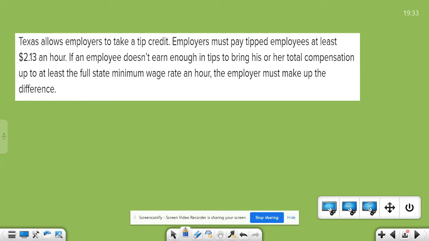Here's why it's important for you to think about whenever you are at a restaurant and you are tipping an employee. Texas allows employers to take a tip credit. So employers must pay tipped employees at least $2.13 an hour. If an employee doesn't earn enough in tips to bring his or her total compensation to at least the full state minimum wage, which was $7.25, the employer must make up the difference.